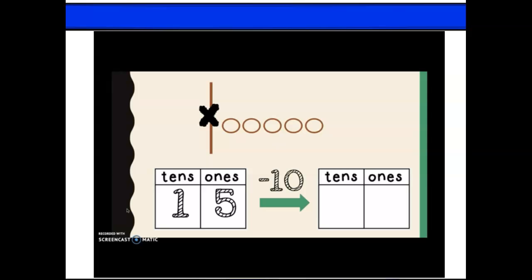You got it, 5. 1, 2, 3, 4, 5. Oh, man, how am I going to put that into my place value map? Oh, yeah, you're right. I'm going to put 5 in the ones. Do I have to put anything in the 10s? No. I crossed it out, so there are no 10s left. So I don't even have to put anything in there. Good job. All right, let's try a few more.